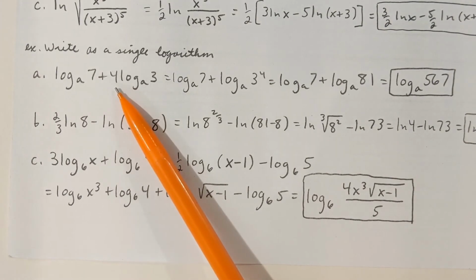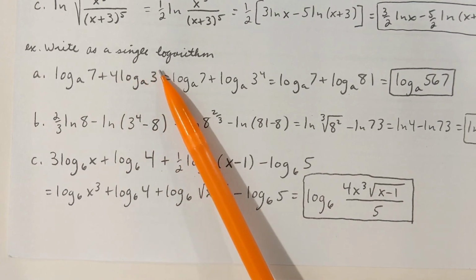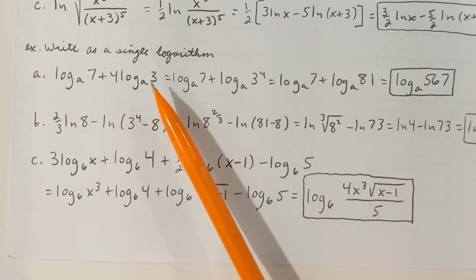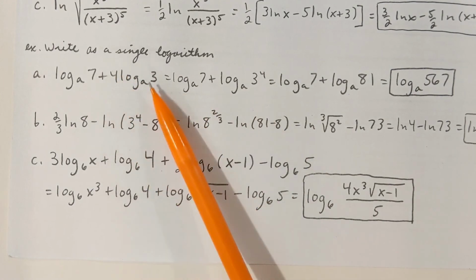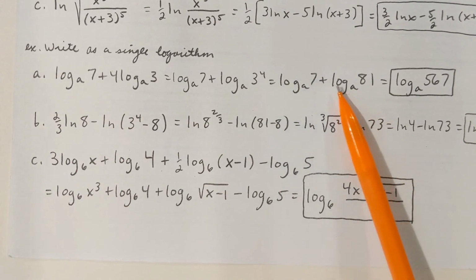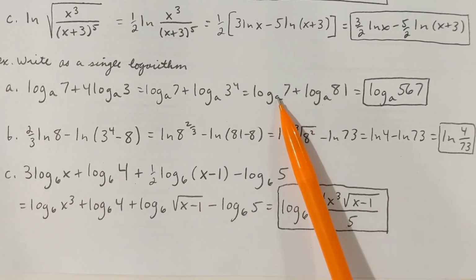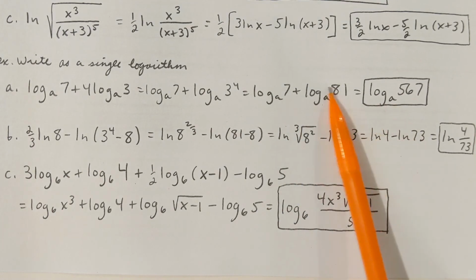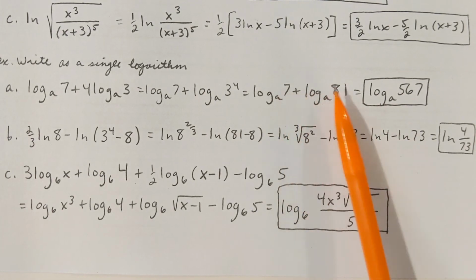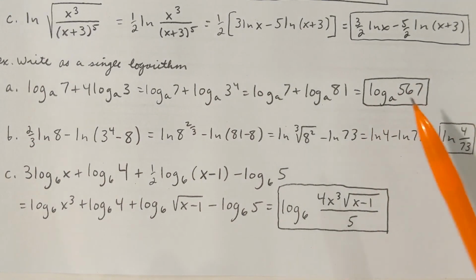Well, if you have a multiplier, you can still use law 3, and you can pull that number back inside the logarithm so that it's the power of the inner part there. And so that's what I'm going to do to get started here on that second logarithm. Pull that power inside. 3 to the 4th is 81. And now, since I'm adding these logarithms, they have the same base, I can get a single logarithm by multiplying the inner terms together. 7 times 81 is 567. Log base A of 567, you can circle that. That'd be your single logarithm there.